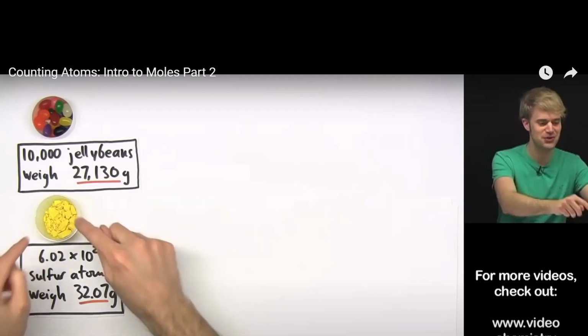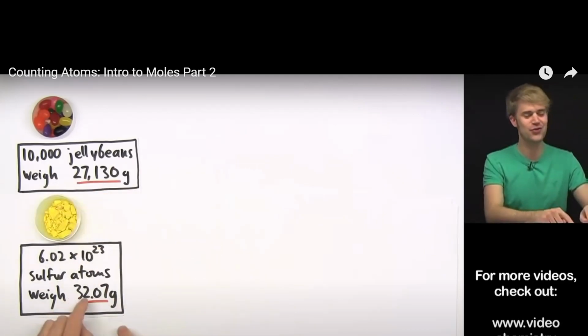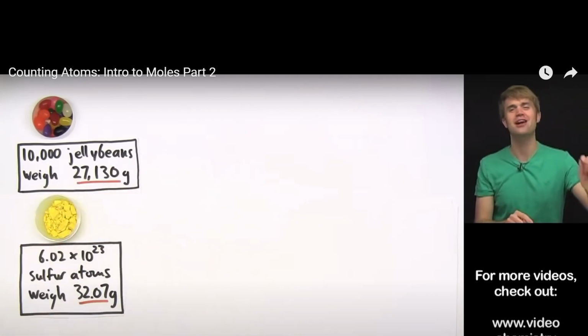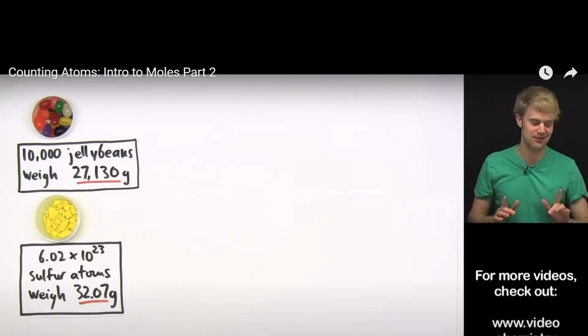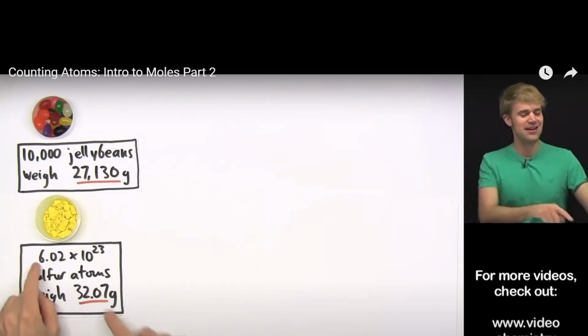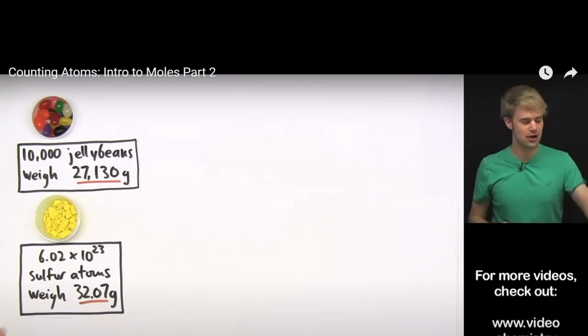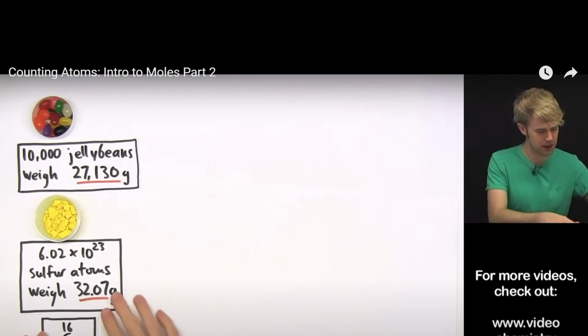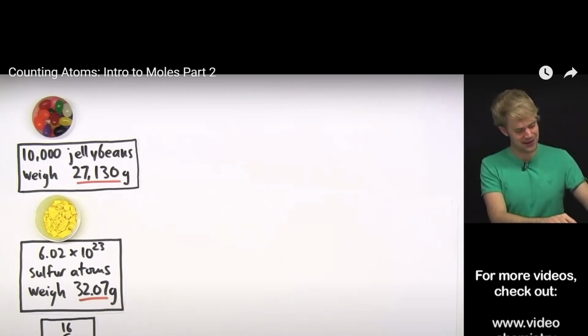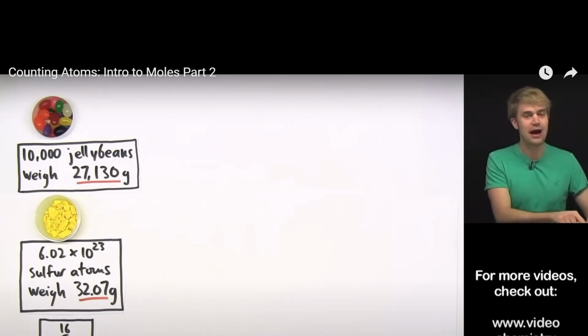All I got to do is put this container on a scale, weigh out 32.07 grams, and I know I have just about 602 hexillion of them. So how did I know that a mole of sulfur atoms weighed 32.07 grams? Well, all you got to do is look at the periodic table. If I look sulfur up, I've got the element name and the abbreviation, and then I got this number down here.